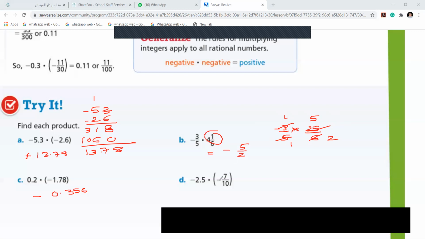Please solve this. Now here, minus and minus. Dana, see here, minus and minus means my answer has to be plus. Now let me multiply with this. My point goes anyways. Let me multiply 25 and 7.